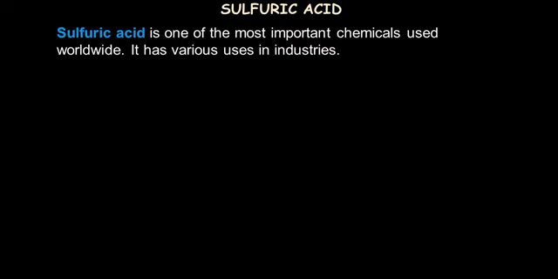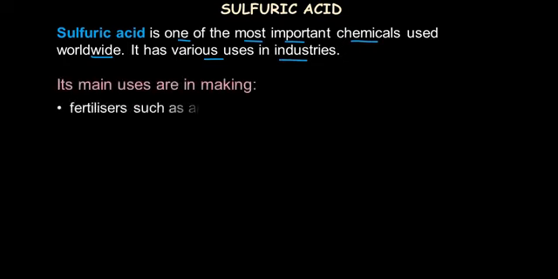So let's start with the uses of sulfuric acid, where first let's understand that sulfuric acid is one of the most important chemicals used worldwide because it has various uses in many industries, and one of the very important uses is in making fertilizers.